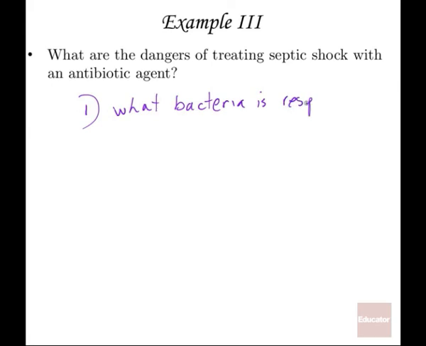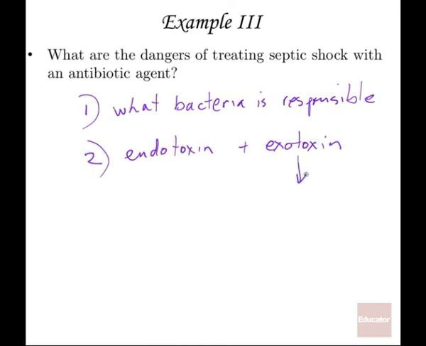Now, if this is a bacteria that produces a toxin, we saw both an endotoxin example and an exotoxin example. What happens when you destroy the bacteria with an exotoxin? That bacteria releases all of it, right? With endotoxin, it can be released after destruction as well.